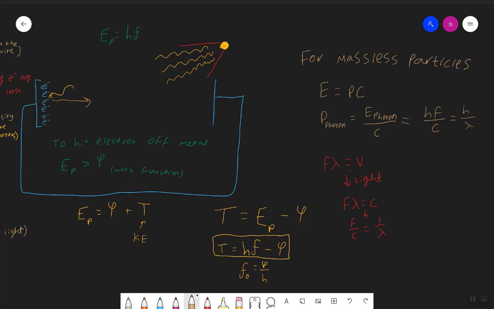So not only do we have this equation, the energy of a photon is Planck's constant times the frequency, we have the momentum of the photon is Planck's constant times the frequency over the speed of light, which is the same as Planck's constant divided by the wavelength. So p equals h over lambda for a photon. The momentum of a photon is Planck's constant h divided by the wavelength of the photon, and that's going to be very important.